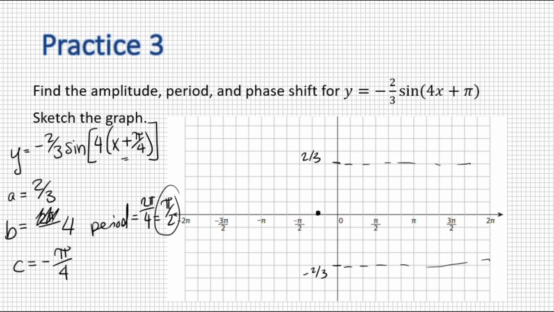And I need to think about when the key points happen. So I'm going to take pi over 2, which is a period, and I'm going to divide it into quarters by dividing by 4, which means pi over 8. It's going to be a very tight graph. Okay, so this is going to be very approximate.